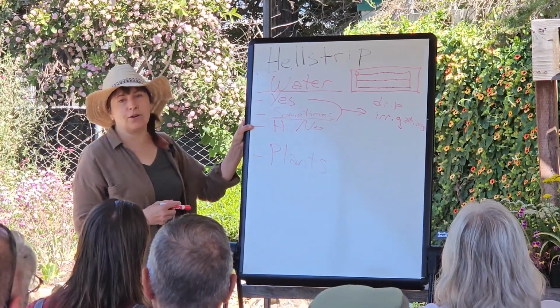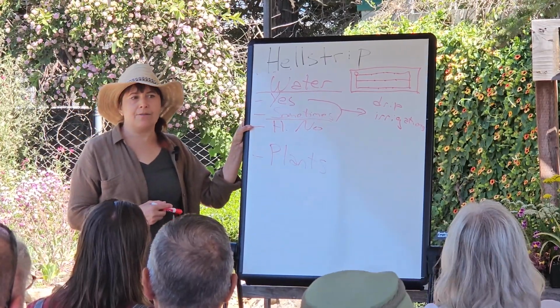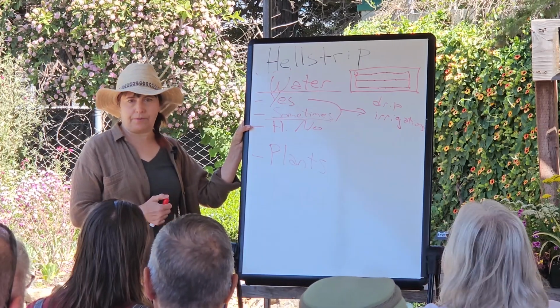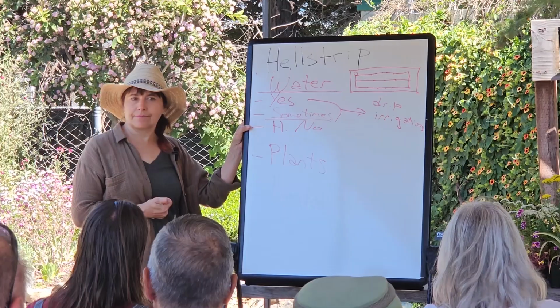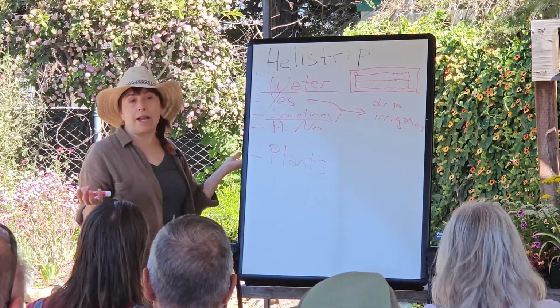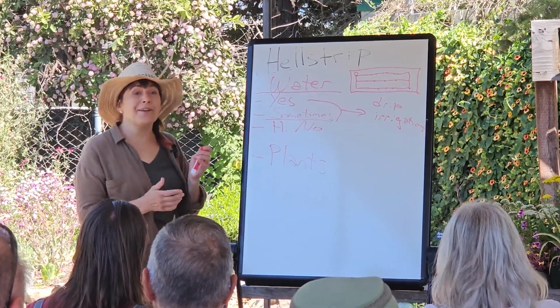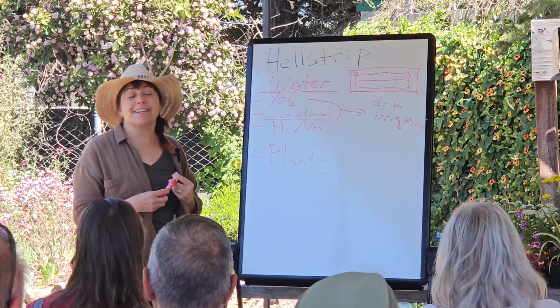If you're in the heck no category, what are some strategies we can use to help establish a garden? You put in the right plants for sure, yes. But when do you put them in? You put them in the fall.